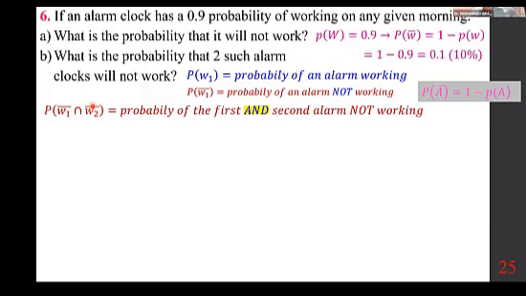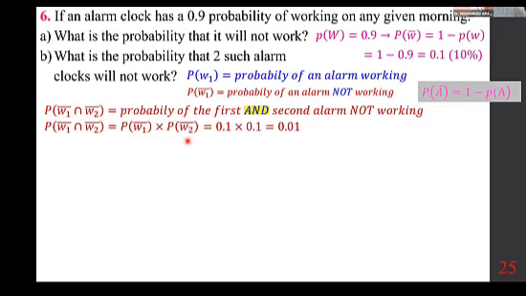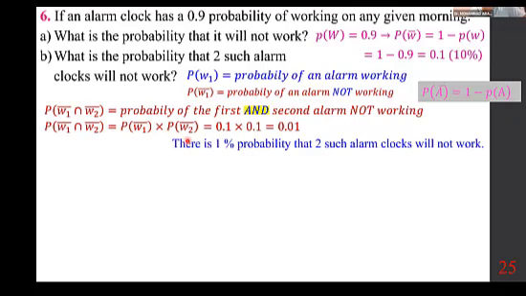And because they're considered independent, you can multiply them individually. That means the probability of W1 not working times the probability of W2 not working, which means multiply 0.1 by 0.1 and get 0.01. So there is a 1% chance or probability that two such alarm clocks will not work. None of them will work.